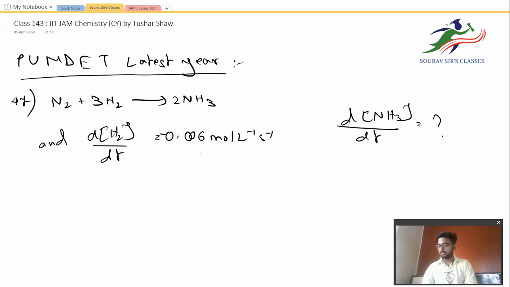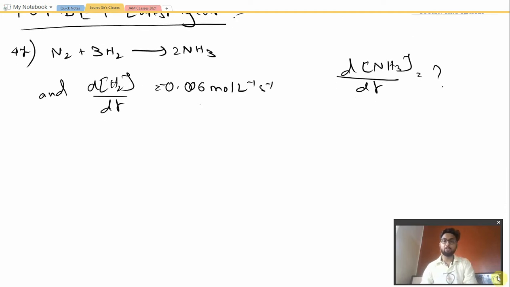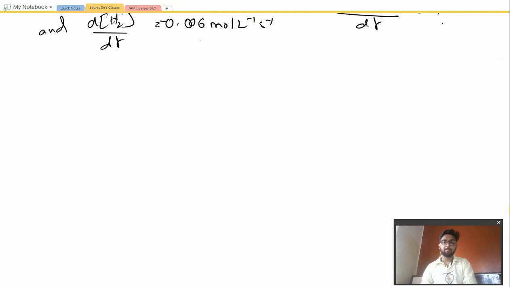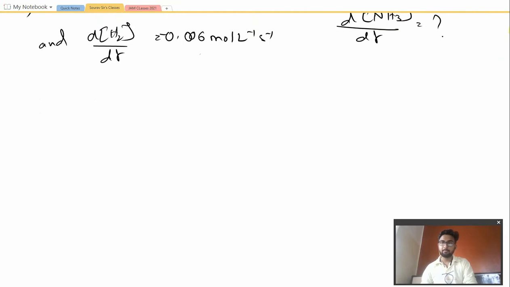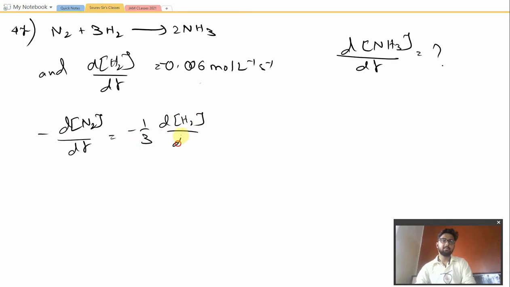Let us write down the rate law, or the differential rate equation, that we will obtain from this equation. Minus dN2 by dt is equal to minus 1 by 3 dH2 by dt, which would be equal to half dNH3 by dt.